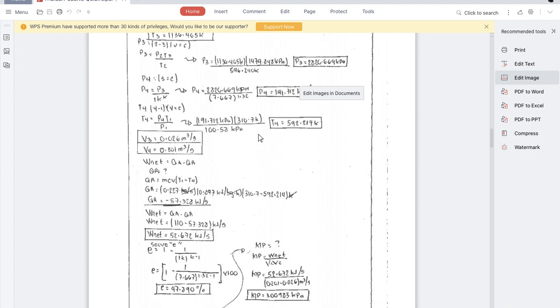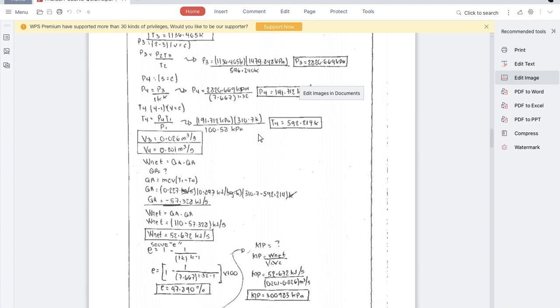And solve for W net. The formula for W net is equal to QA minus QR, so we don't have QR yet. The formula for QR is m cv times T1 minus T4, or 0.227 kg per second multiplied by 0.897 kJ per kilogram K multiplied by 310.7 minus 592.214.